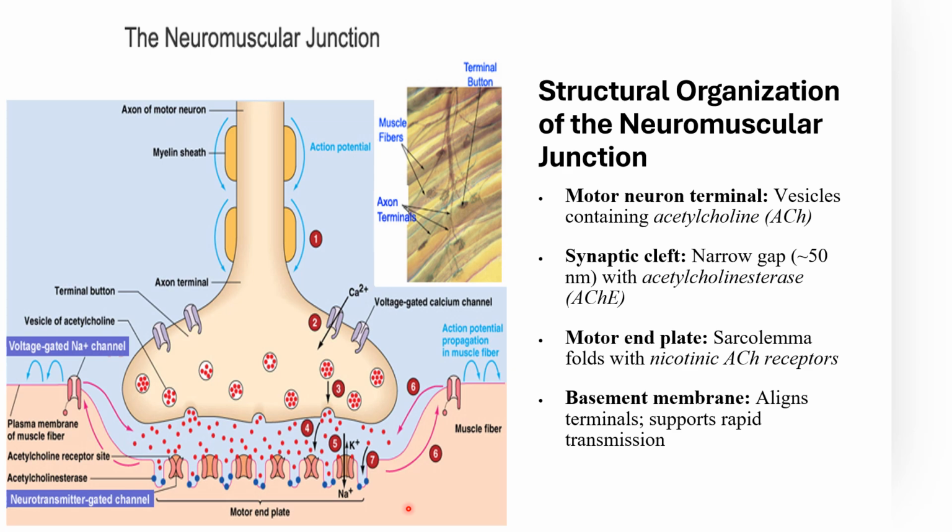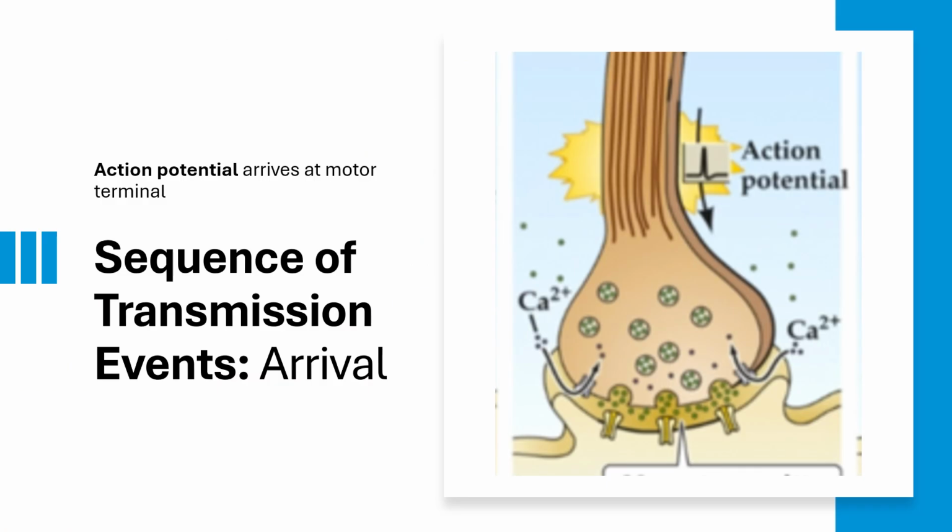So now that we've seen how the neuromuscular junction is built, let's move on to how it works. That is, the sequence of transmission events that transform a neural impulse to muscular action. An action potential travels along the motor axon and invades the axon terminal. This depolarization opens the stage.